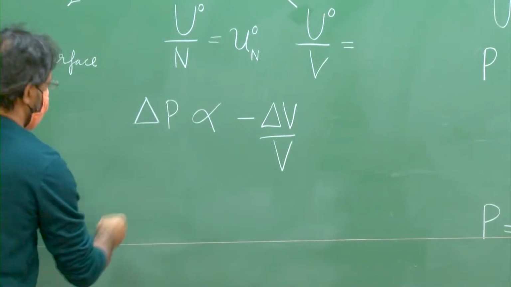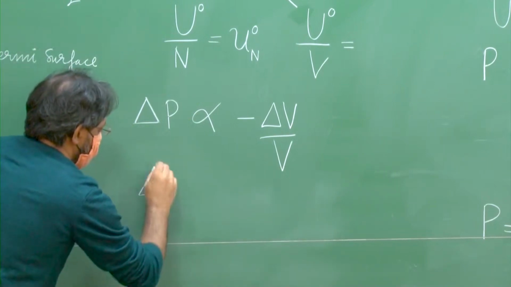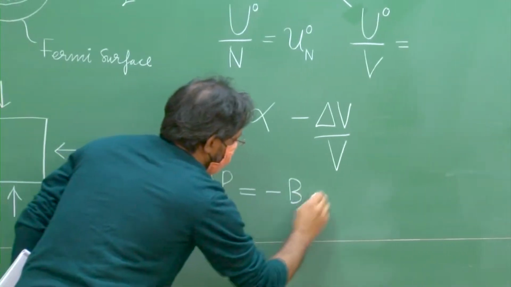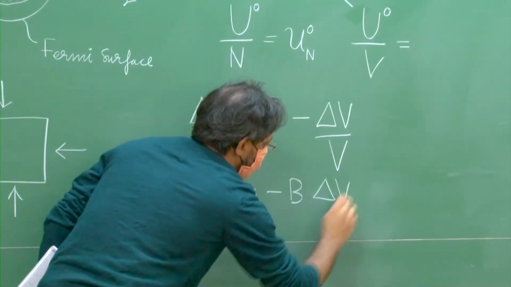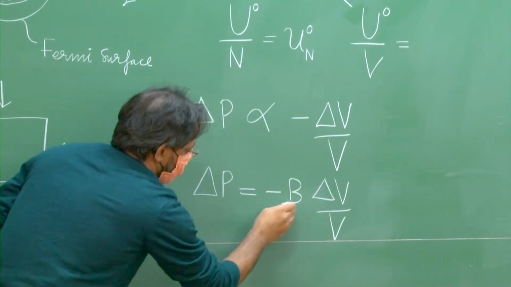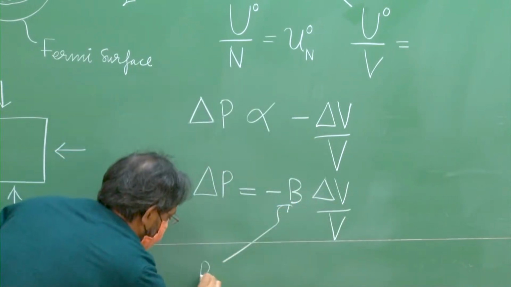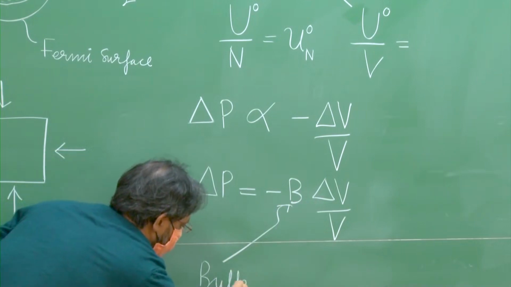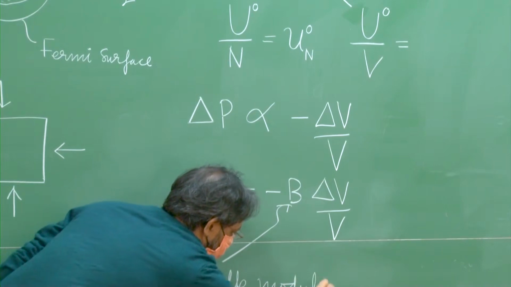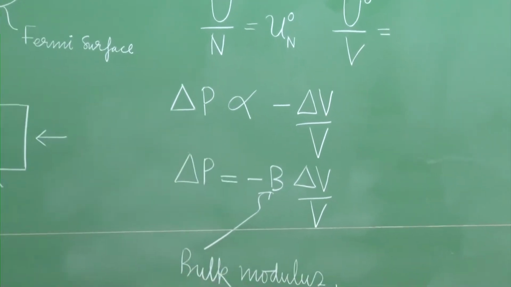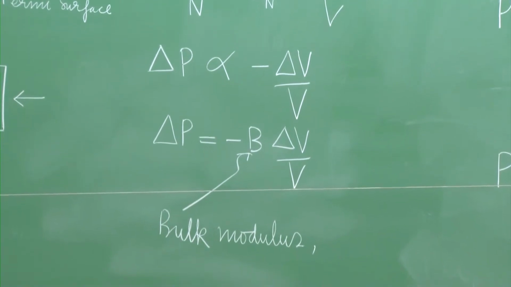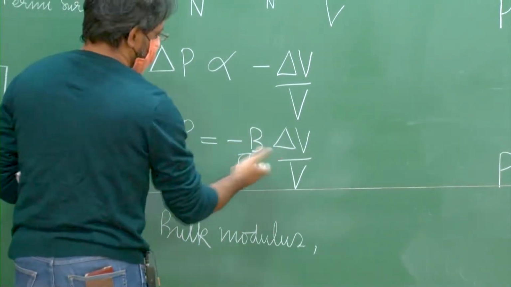And the constant of proportionality is the bulk modulus. So this quantity B over here is the bulk modulus. All right. So let's use this recipe to get B.